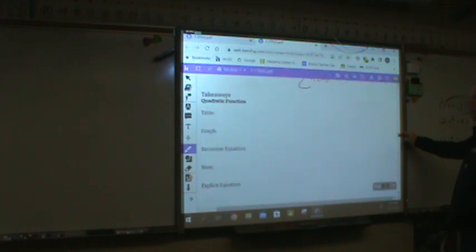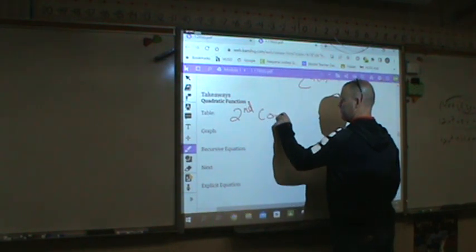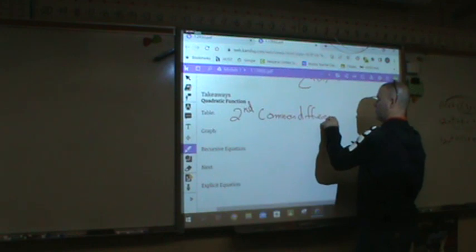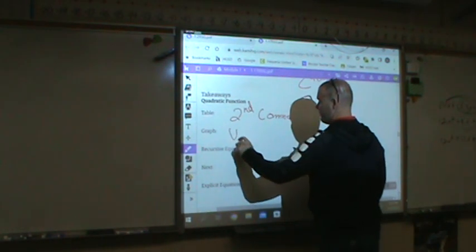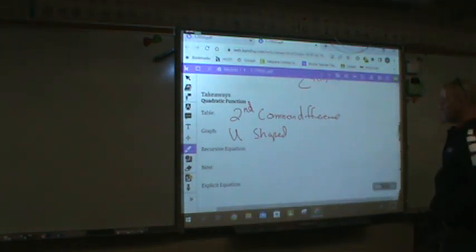So now, some takeaways from a quadratic function. In a table, it's a second common difference. Okay? The graph is U-shaped, or it's a parabola.